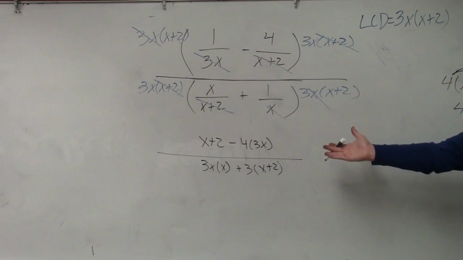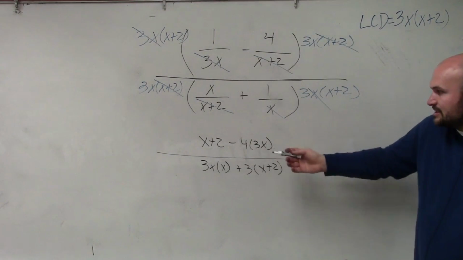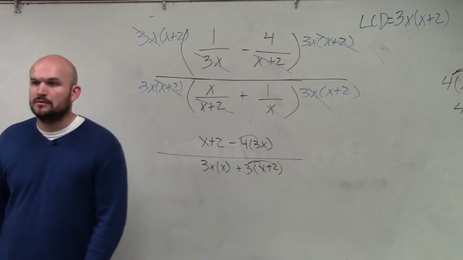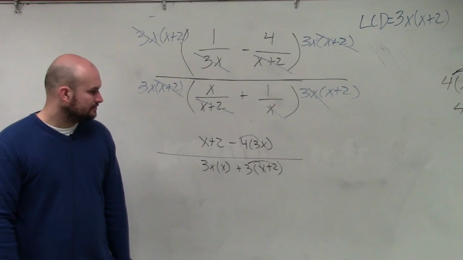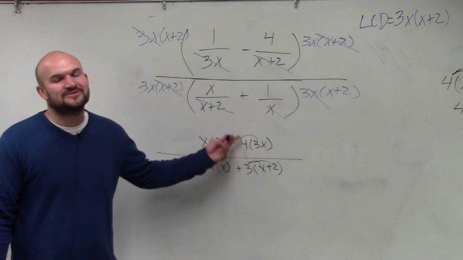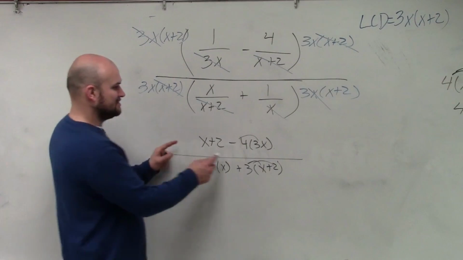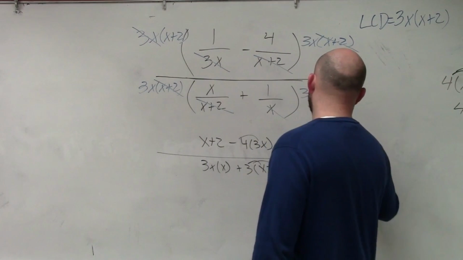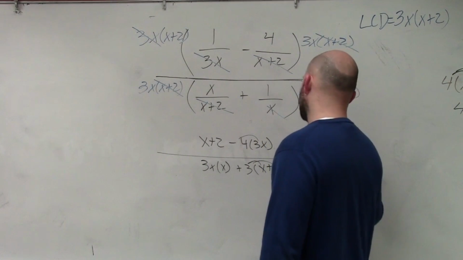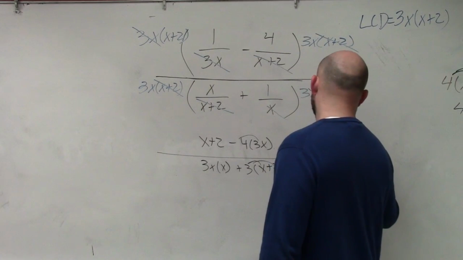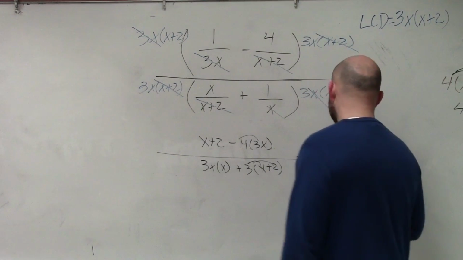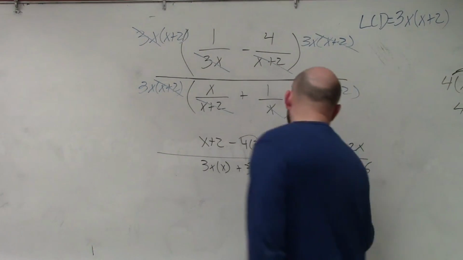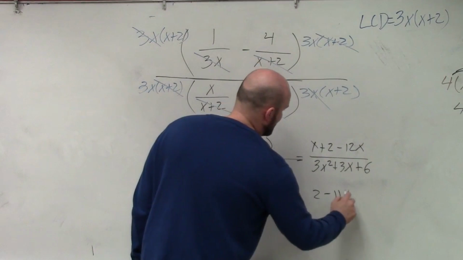Now we can simplify that. You're familiar with doing this kind of thing: apply the distributive property. It's separated by addition or subtraction, so we can't cancel. So I have x plus 2 minus 12x, divided by 3x squared plus 3x plus 6. Here, I can combine these to get 2 minus 11x.